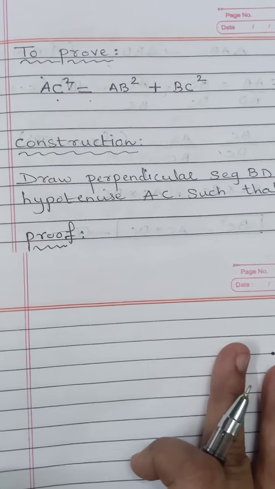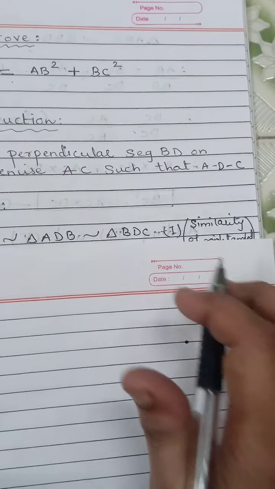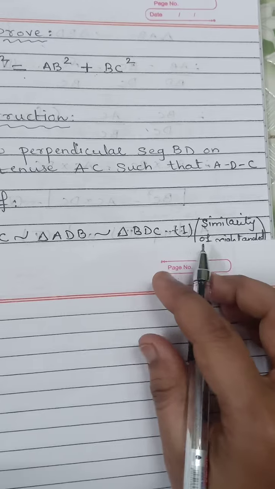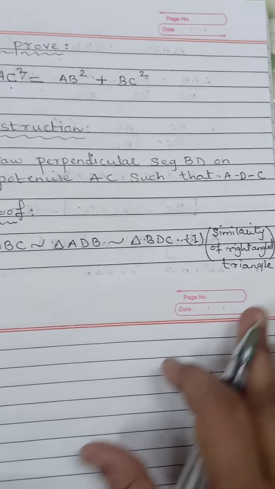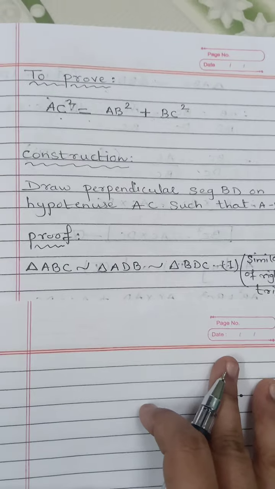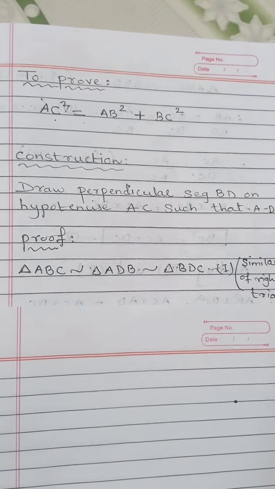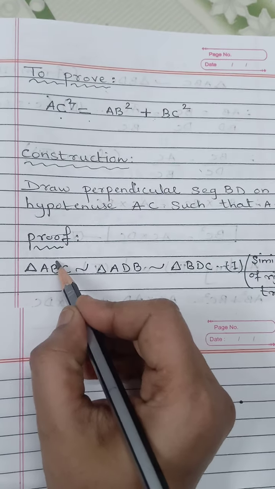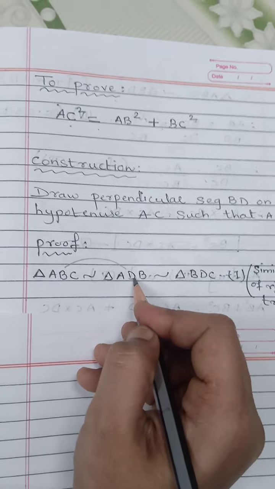So in the proof we will take that first of all. Proof: all these three triangles are similar to each other. We have given it equation number 1, and the reason is similarity of right angle triangle. Now out of these three triangles, first we will take two triangles, the big triangle and one of the smaller triangles.